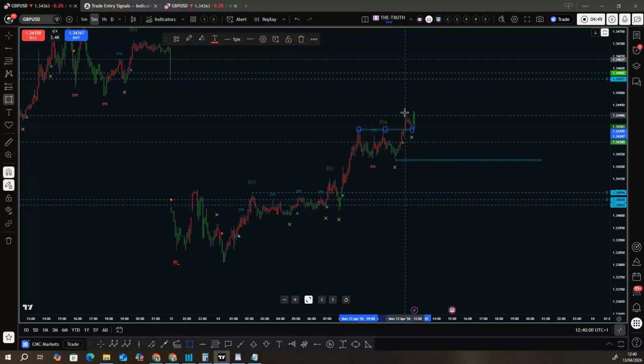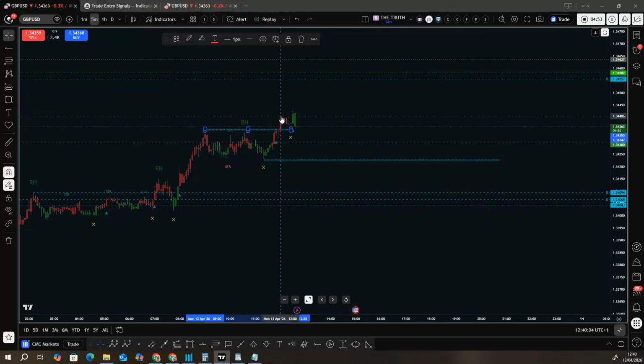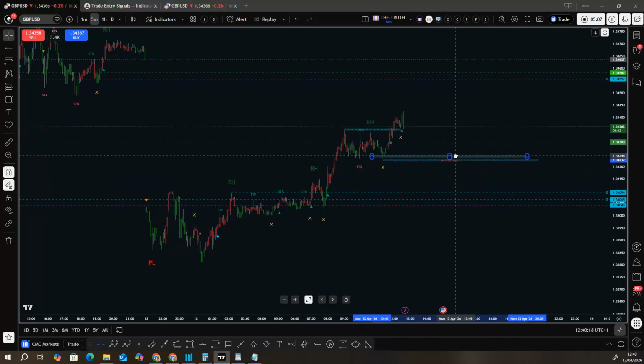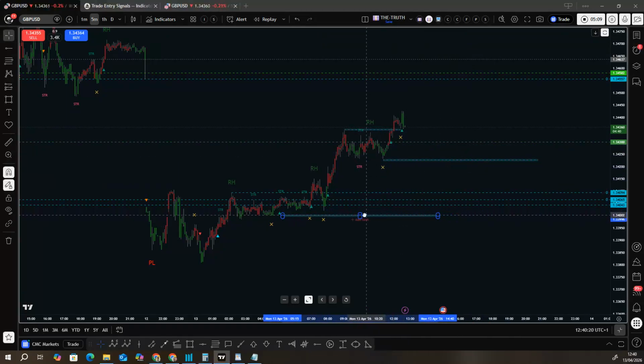Price has broken higher once. This could be the second break, so we may have a pullback, a deep pullback. I'll be checking this. That's the first area we can look for a buying opportunity, and this is another area here.